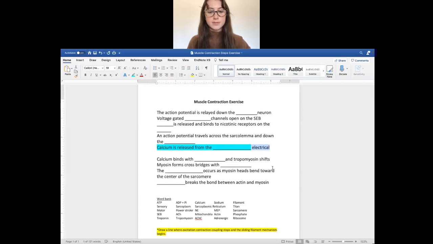Whereas right here, when calcium then binds with blank, this is going to be the beginning of mechanical.